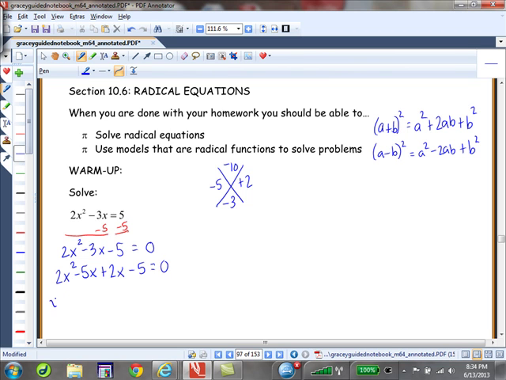Factoring an x out of the first two terms, I'm left with the 2x minus 5. And then if I factor out a positive 1, I'm left with the 2x minus 5 again. Now I have a common binomial of 2x minus 5, and what I have remaining is x plus 1.